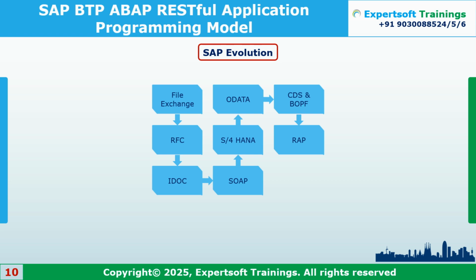OData is the SEGW projects, then the SOAP concept, then the BOPF framework, the business object processing framework, which is mostly used in the transportation management module. Then RAP. RAP is the one that covers OData, apps and IDOCs, all the interfaces we can also use.